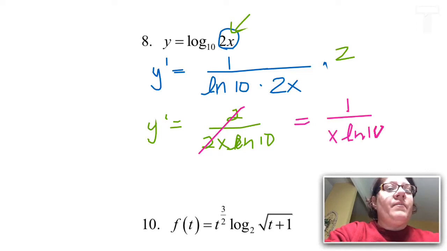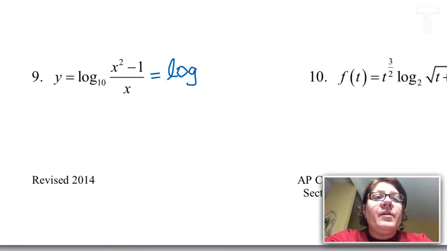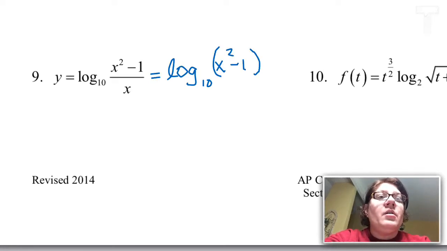natural log of 10. On this next one, of course, I'd like to split it up because it's kind of messy as a quotient, but I can turn it into subtraction, which will actually make it easier for me.